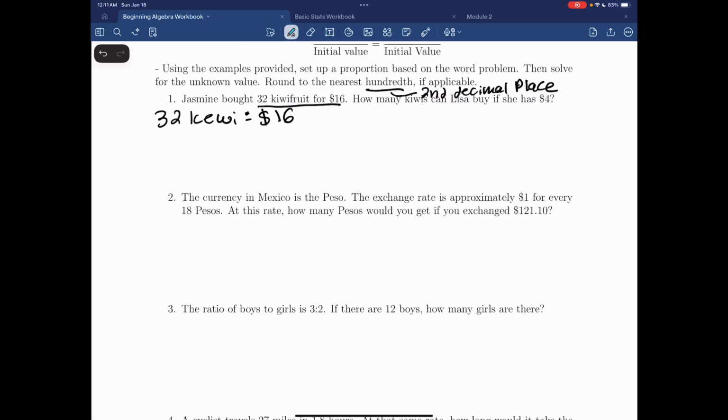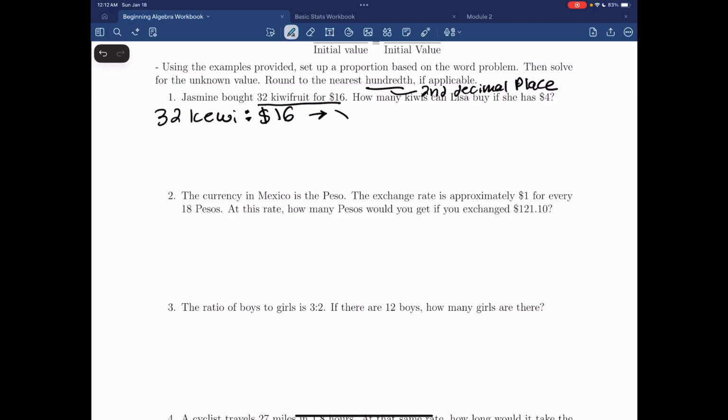Or for every 32 kiwi that you buy, you'll have to spend $16. Now we want to know how many kiwis can Lisa buy if she has $4. Well, this ratio, now we're going to set this up as x kiwi, because that's what we want to know, how many kiwi for every $4 can we get.